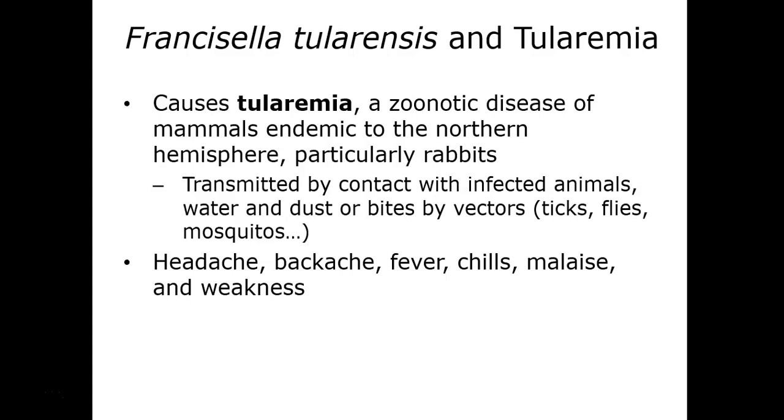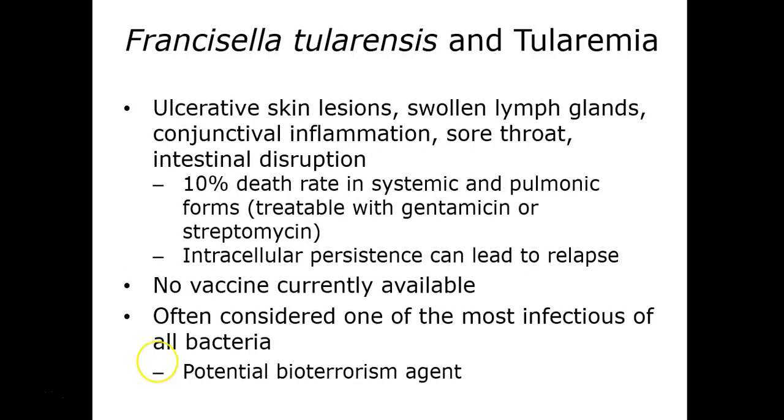The common symptoms seen with tularemia include headache, backache, fever, chills, and just general weakness. We will also see that with tularemia, we also get a swelling of the lymph nodes and enlargement of the spleen. Very similar to what we saw with Brucella, which also caused the swollen lymph nodes or spleen.